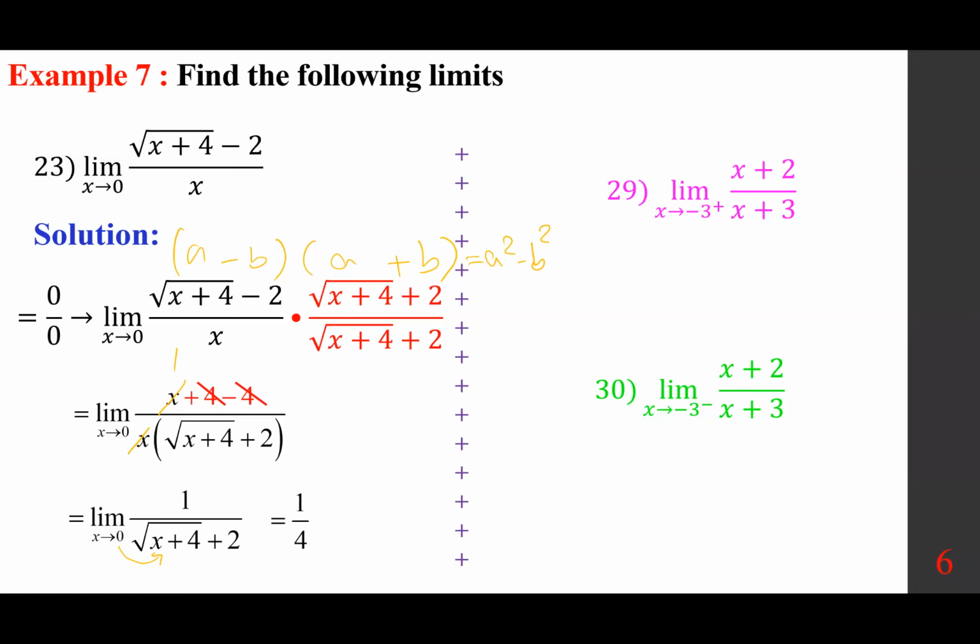Now, numbers 29 and 30, I want you to see the following. Both of them end up being negative 1 over 0. When we have any number, positive or negative, both sides are the same.